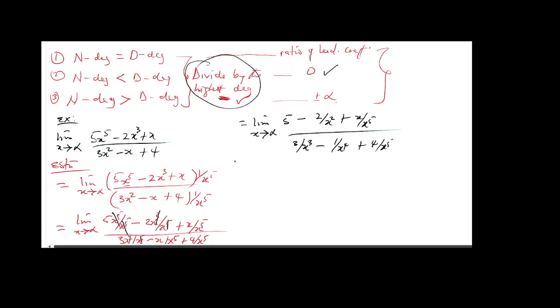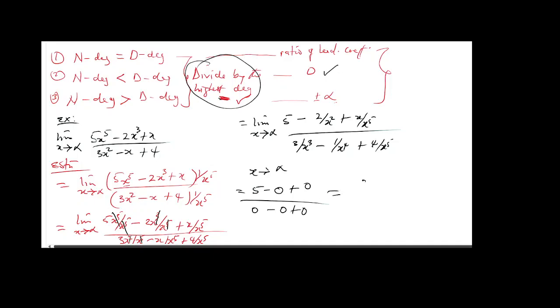So as x approaches infinity, we are going to have 5 minus 2 divided by infinity squared, which will give us 0, right? So we already established that we have 0. The same thing here, plus 0. All over here we have 0 minus 0 plus 0.